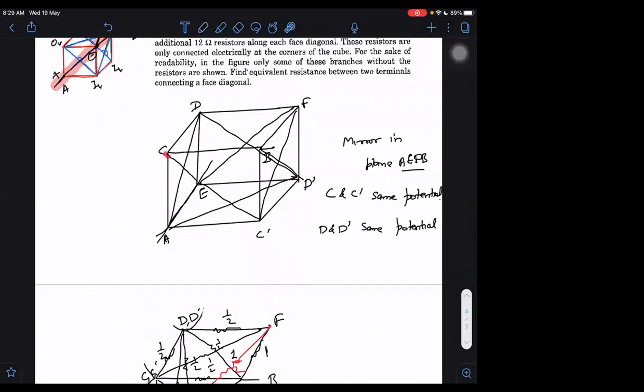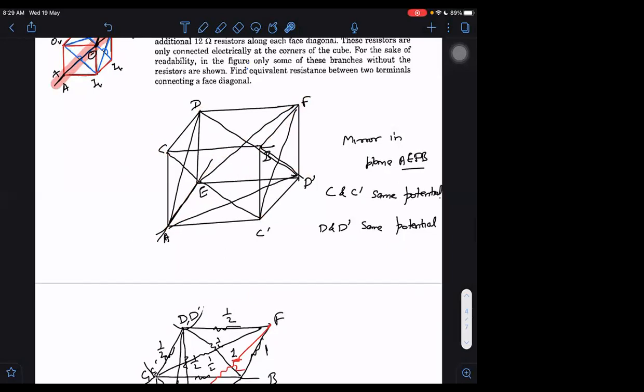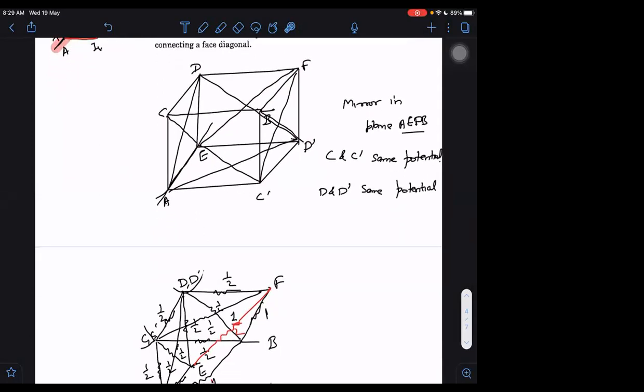I joined C with C dash. Clearly we can join because this is the mirror here, object and its image. Similarly, D and D dash we can join. Okay. Yes, sir. Right.